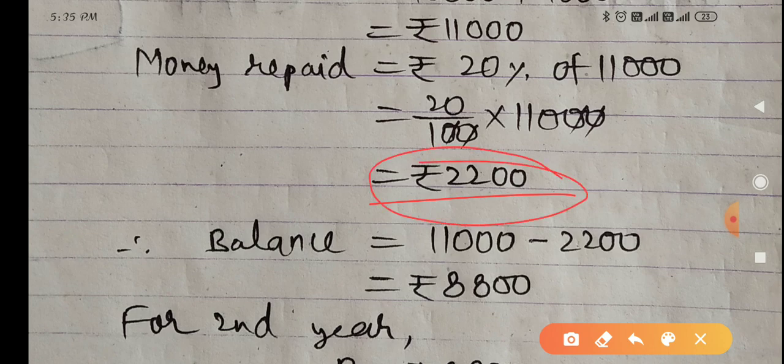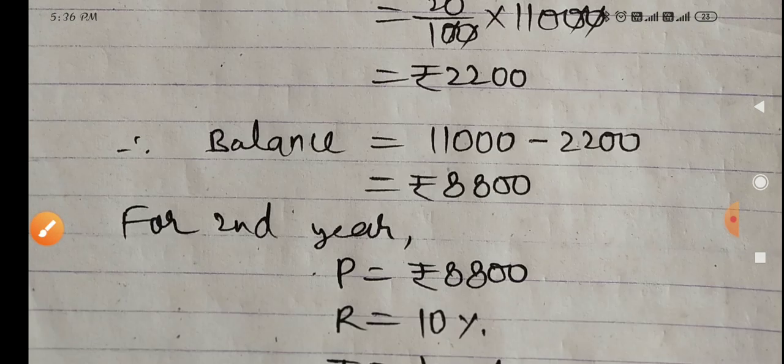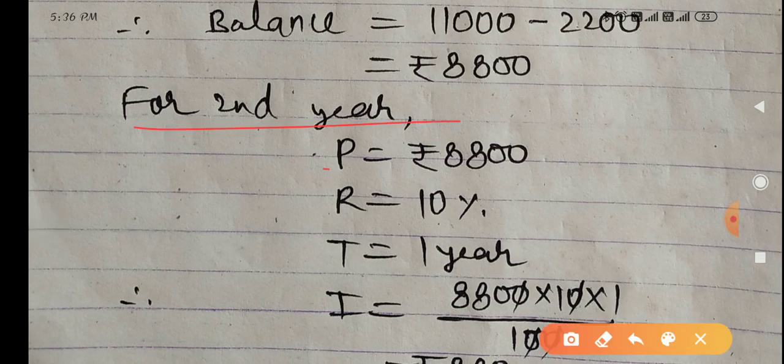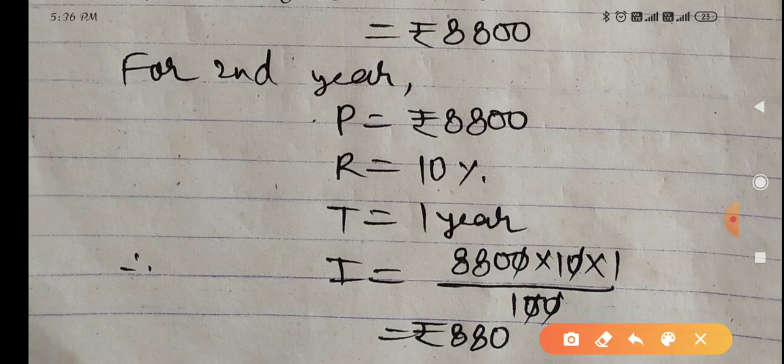So what will be the balance? 11,000 minus 2,200, 8,800. This balance will be the principal for the next year, the second year. For second year, principal is 8,800, rate is 10%, time is 1 year. Interest will be PRT upon 100.